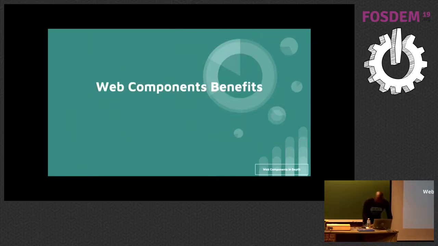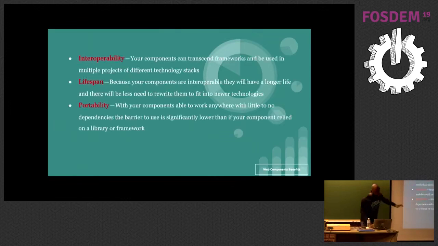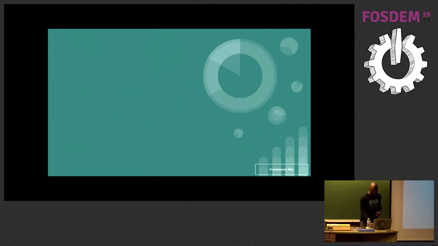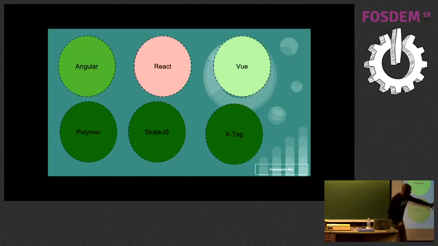So, benefits, I'm just going to put them right here. Interoperability, lifespan, portability. Portability is really important. You can reuse that and mix them everywhere you want. Those slides, you're going to have them, so I need to push a little bit. So, the framework war. Look, the greener you are here, the closer you are to the standard.